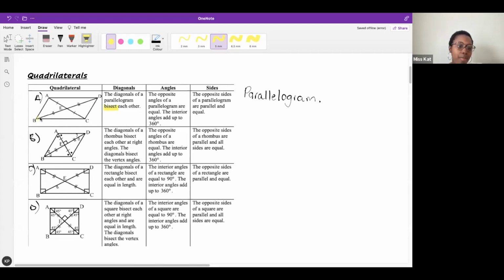Let's look at the diagonal BD, right? Look here, on the diagonals, we have those two little marks over there. That means that BE is equal in length to ED. So if I tell you that this side of my diagonal is 4 centimeters, let's say BE is 4 centimeters, how long will ED be?